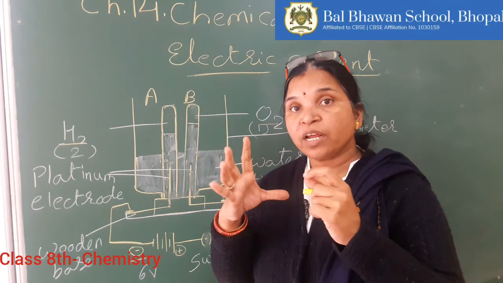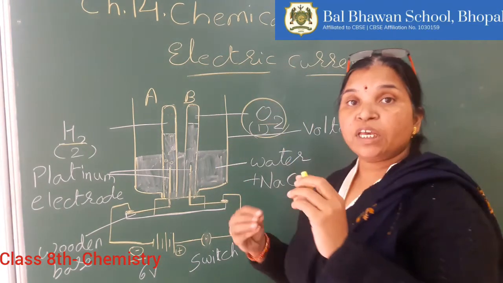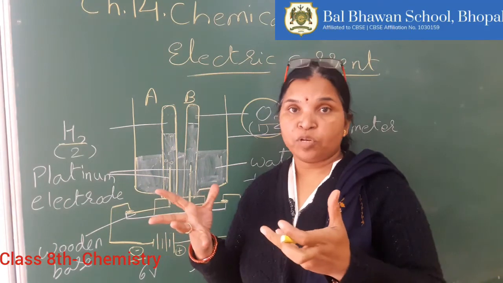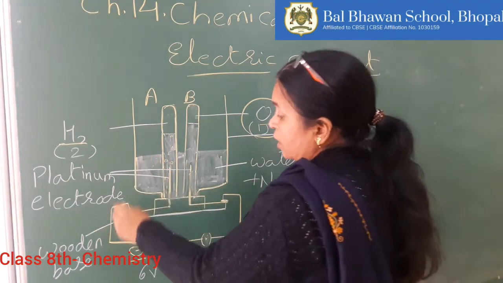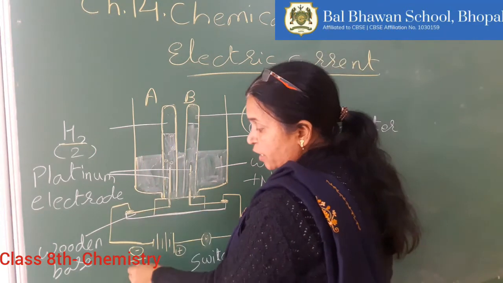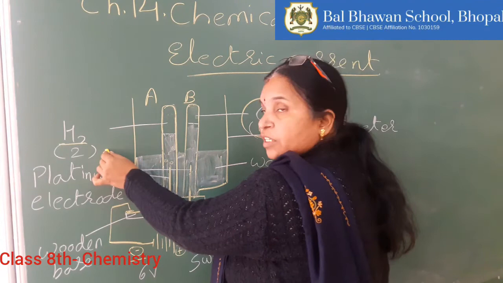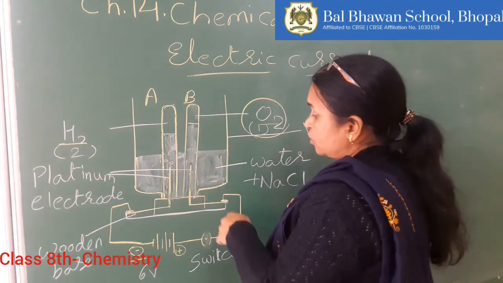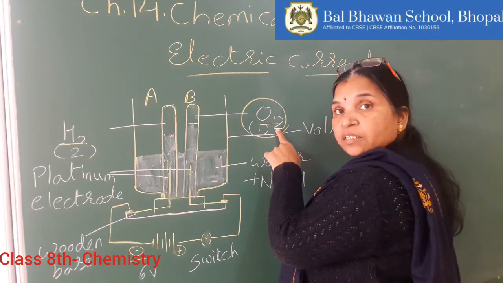Why will it become bright? Because the gas is oxygen gas, which helps in combustion. We have already studied about it. So, in the test tube which is connected to the negative terminal of the battery, hydrogen gas is produced, and the test tube which is connected to the positive terminal will have oxygen gas.